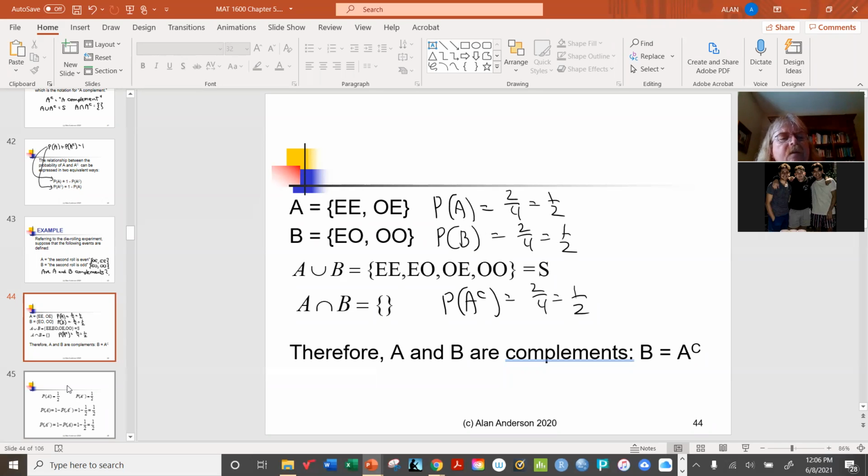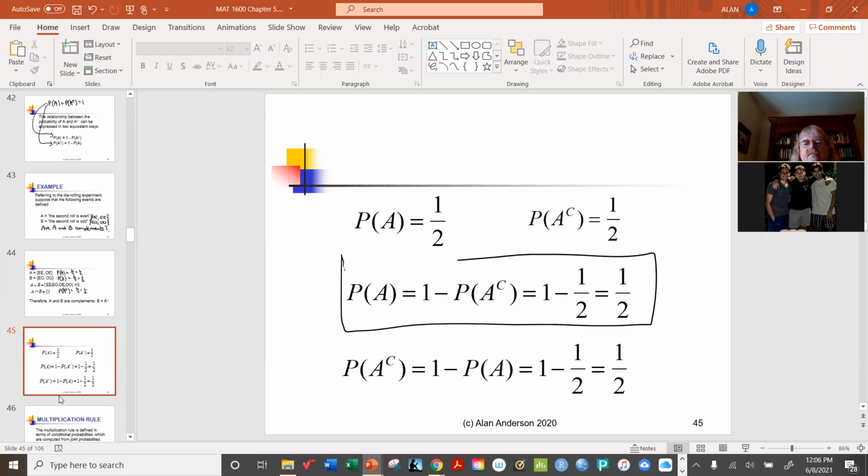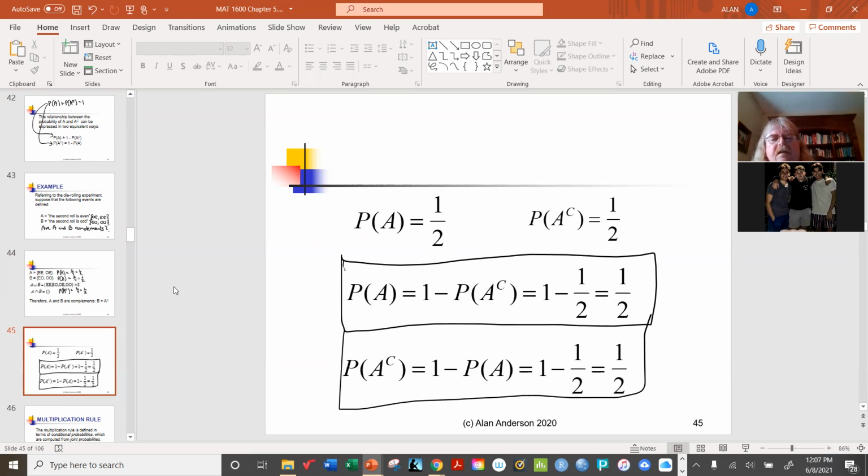So why don't we confirm that with the complement rule? And so here we're going to do exactly that. All right. So that one is really simple.